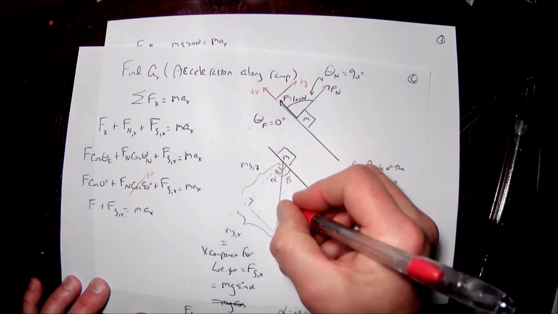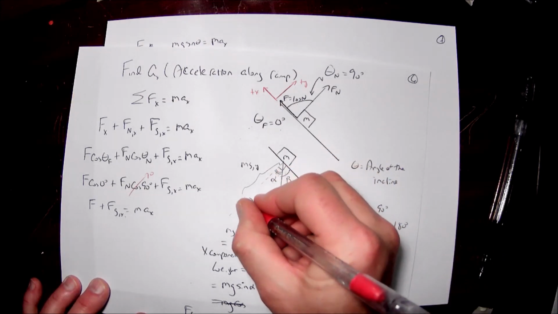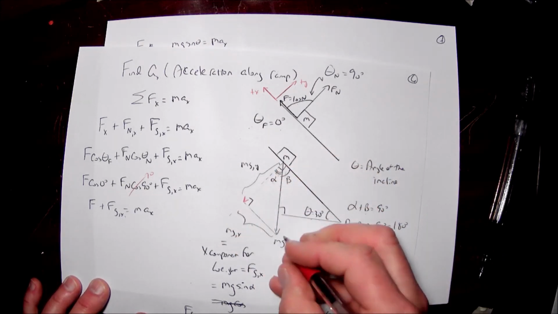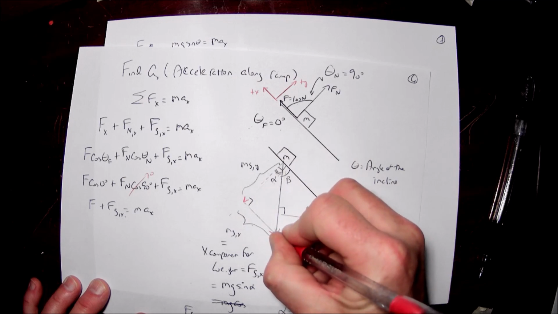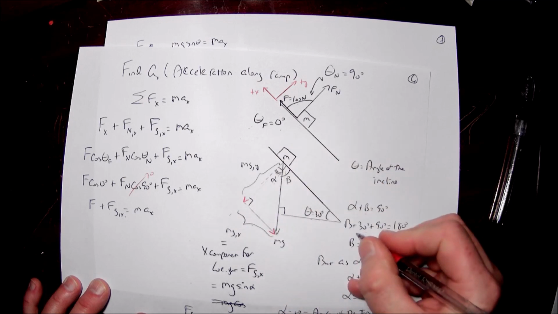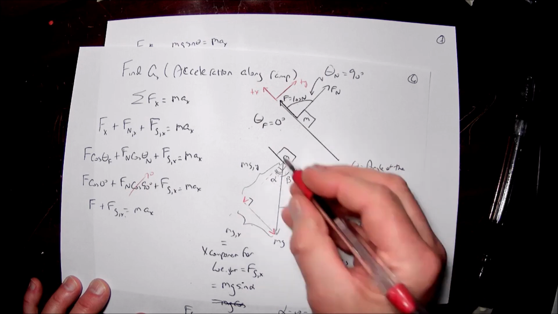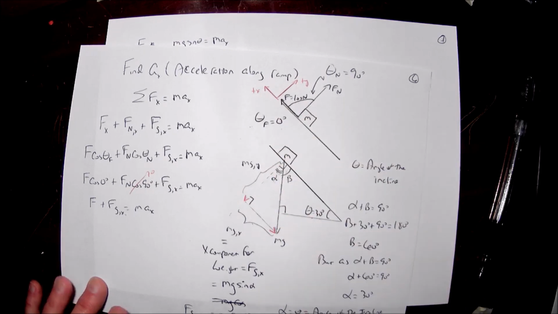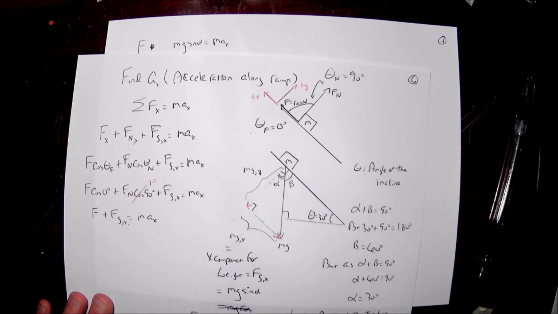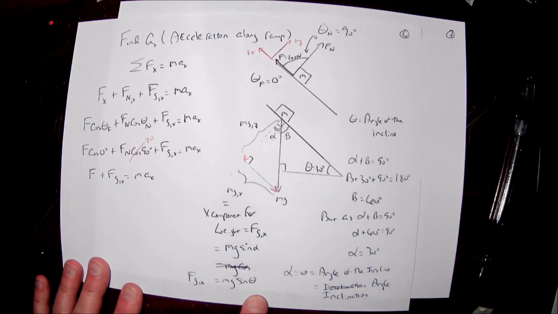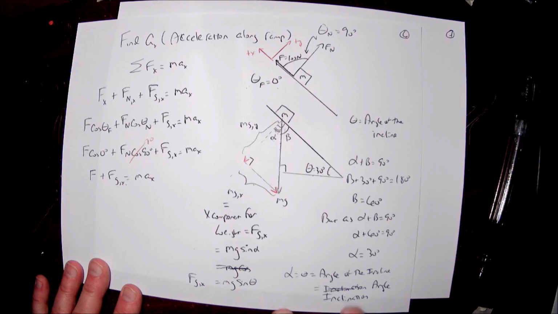If this weight's going down, then the y component is that way, downward, and the x component is down along the negative x-axis, down along the ramp. Remember, the positive is going up. You'll never get an inclination angle bigger than 90. It's always 90 or less.